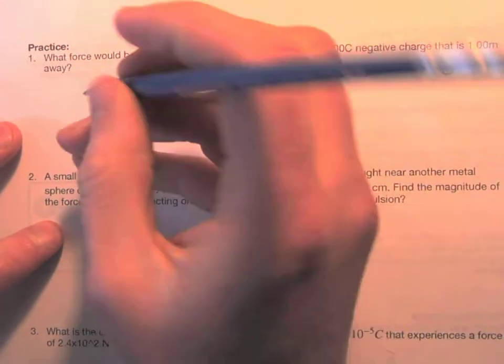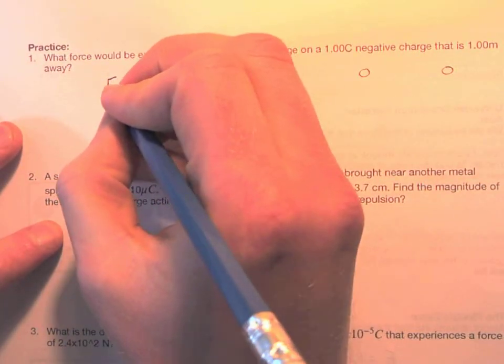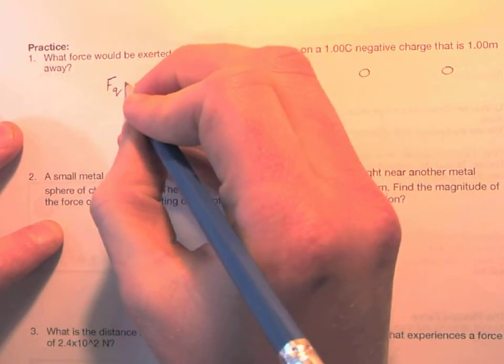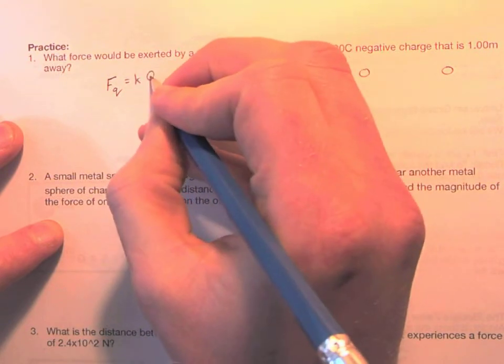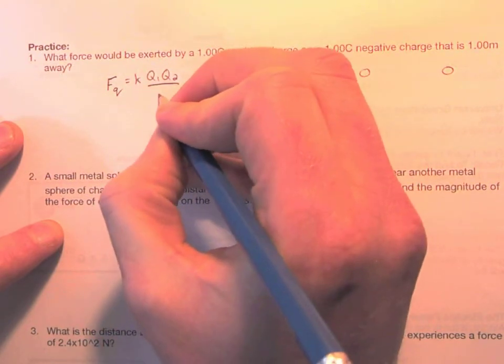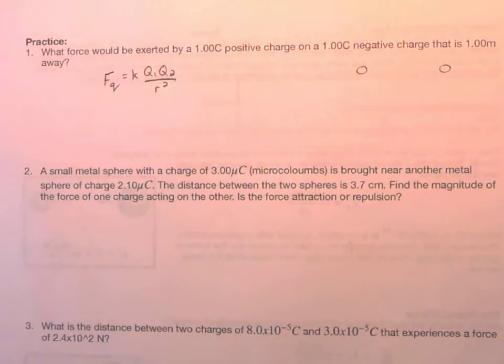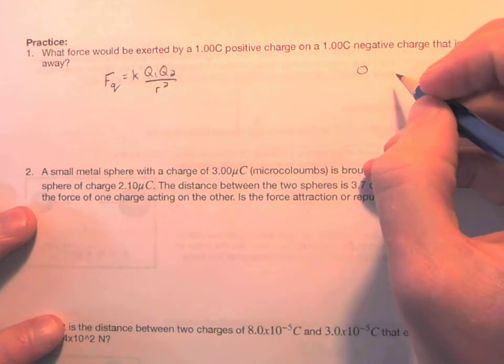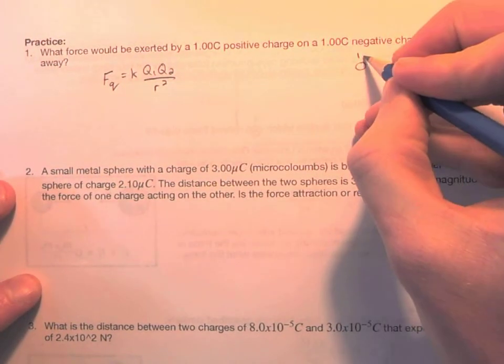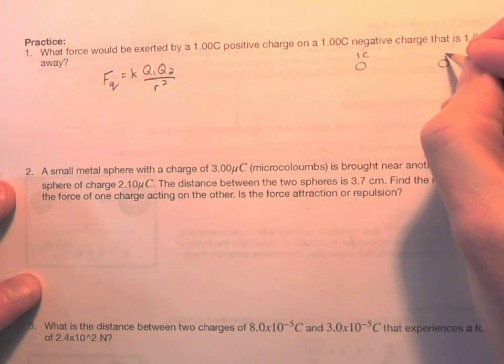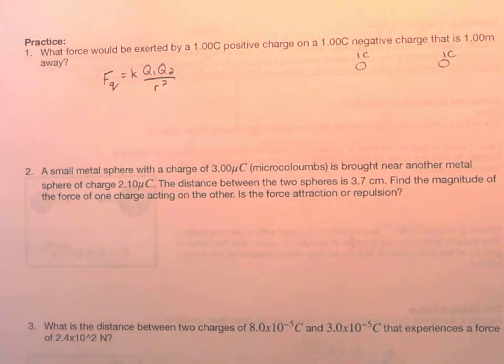What is the force exerted? We're going to start with our equation. The force of the charge is our K constant, Q1, Q2, over the distance between them squared, the distance between their centers of charge. This one has a positive charge of 1 coulomb, and this has a negative charge of 1 coulomb as well. Remember, 1 coulomb is huge. Generally in real life, you don't have charges of 1 coulomb.